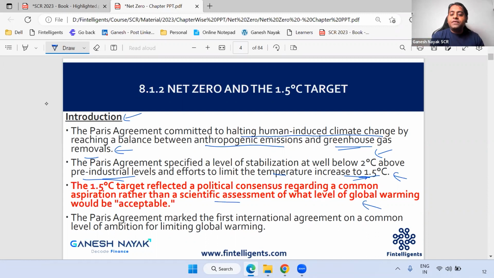Okay, so more than the scientific community, the political community gave consensus and accepted this 1.5 degree increase as a standard for them. So the Paris Agreement became the first international agreement which was talking about some ambitious target of emission at the global level. I'll take a pause over here.